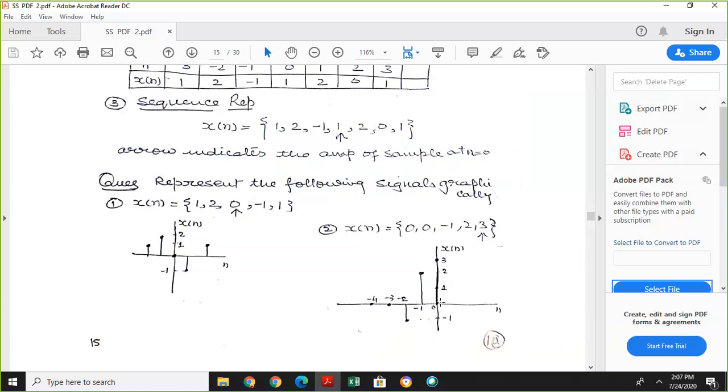In this diagram, when n is 0 the value of x of n is 3, when n is minus 1 the value of x of n is 2, then minus 2 is 1, and at minus 3 and minus 4 the value of x of n is 0.